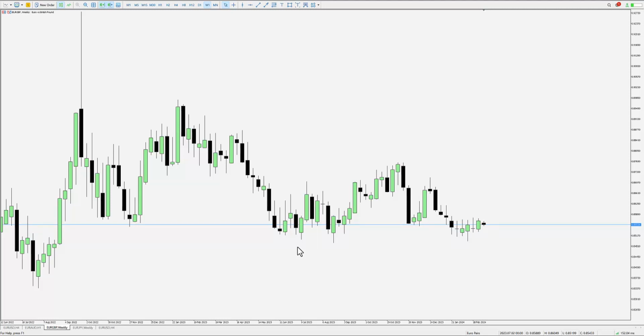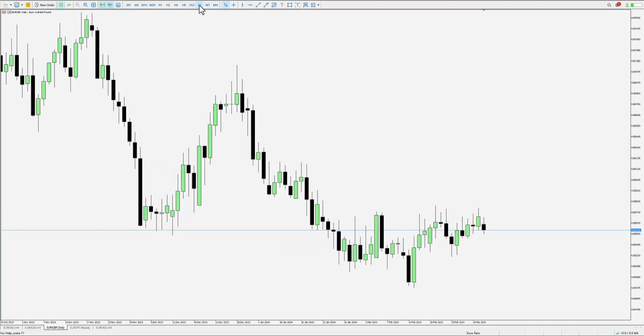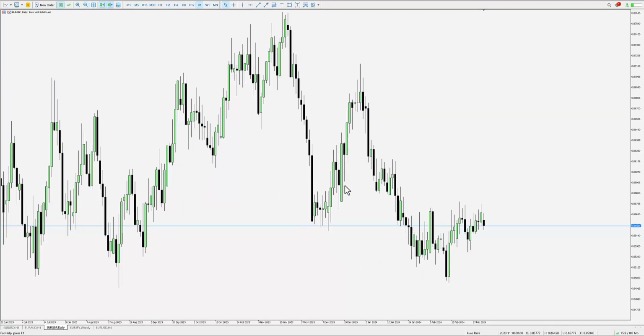So with that in mind, I'm leaning towards longs on euro GBP, because we've got a reaccumulation phase that was completed right here, trading lower, and then price came back into that bullish order block, reaccumulated, and then we pushed to the upside again. So I'm expecting price to push to the upside on euro GBP.